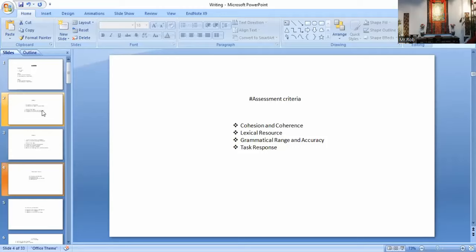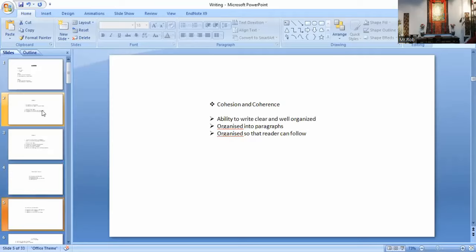So these criteria are: number 1, cohesion and coherence; number 2, lexical resource, or also known as vocabulary; and number 3, grammatical range and accuracy; and number 4 is task response.